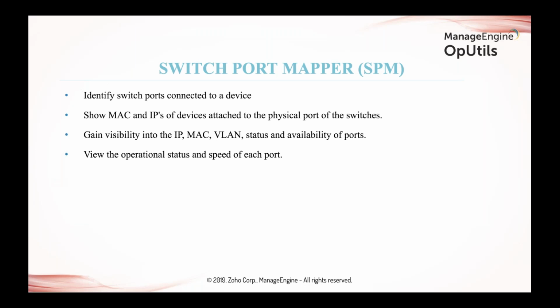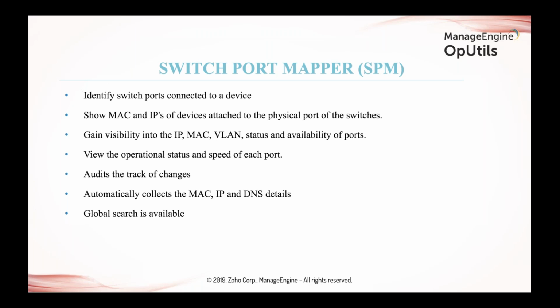A user can also view the operational status and speed of each port. And we can also track the changes through audits. Automatically it will collect the MAC, IP, DNS details, so there is less manual work.